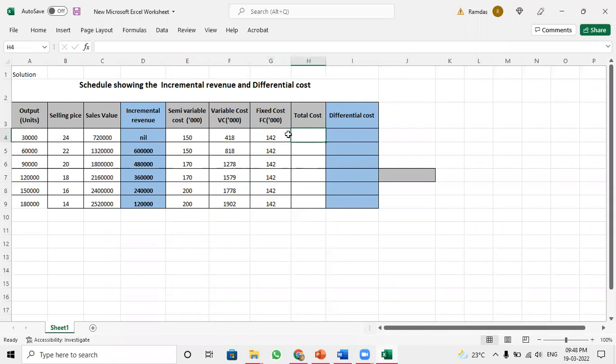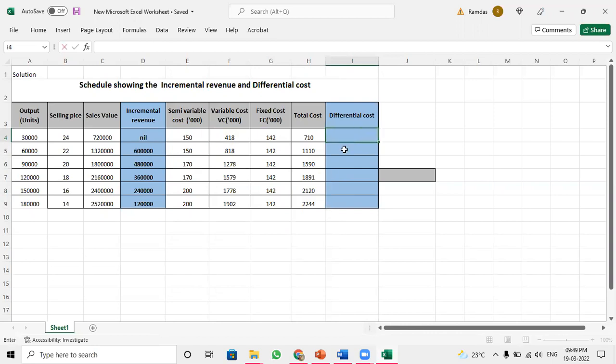Now the total cost is equal to semi-variable cost plus variable cost plus fixed cost. So let's calculate the total cost. I apply the same formula to all the other levels of activity. And now we can calculate the differential cost.